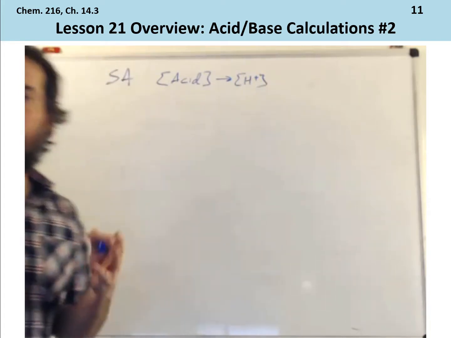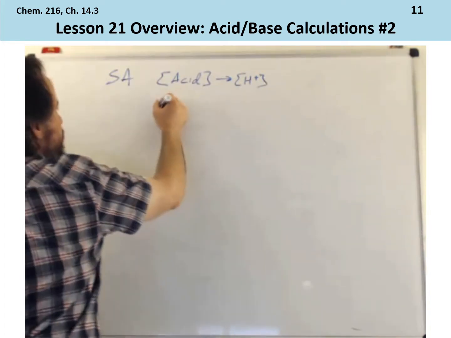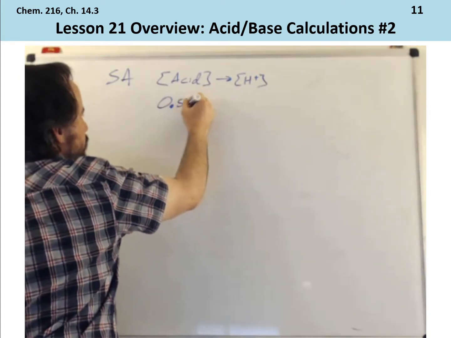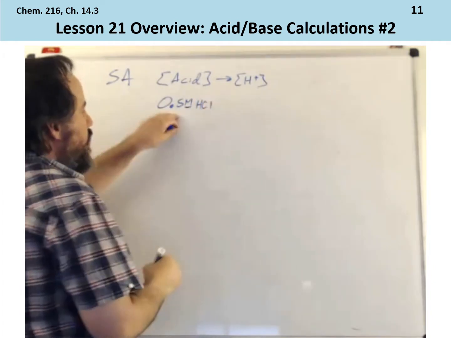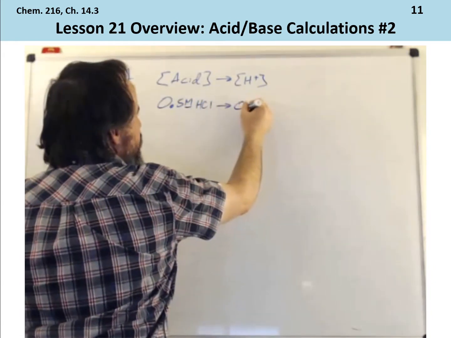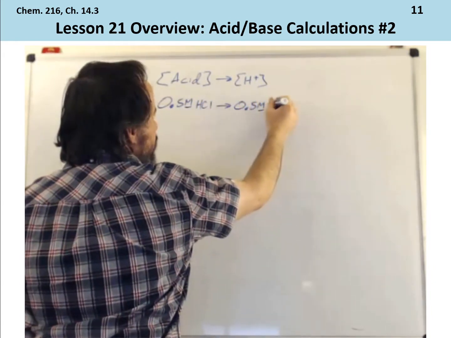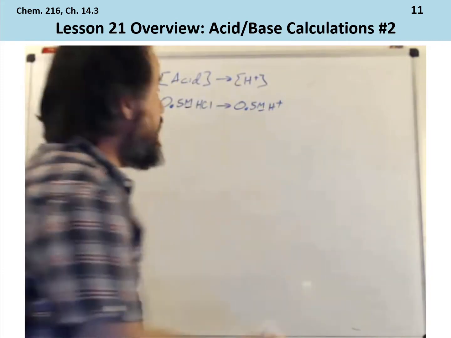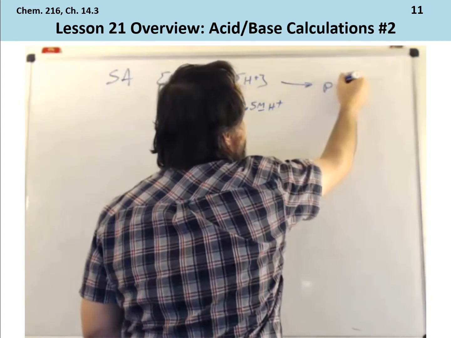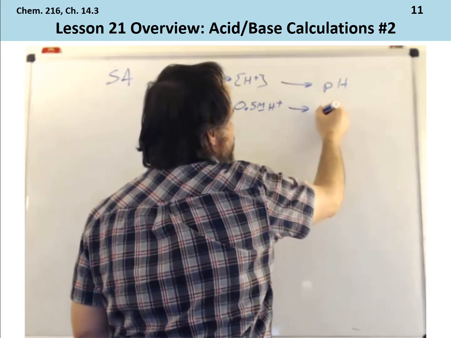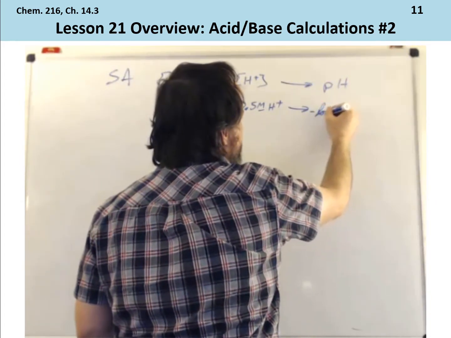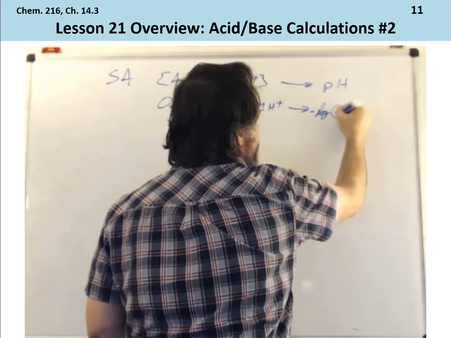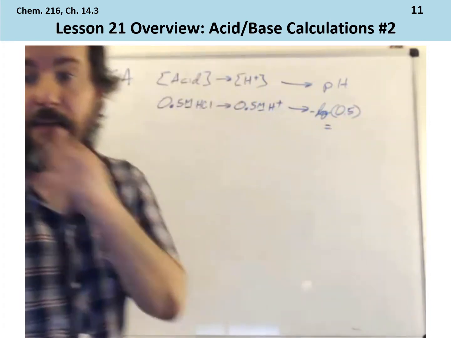An example would be if I had 0.5 molar HCl. All of my HCl would get turned into H+. Right? And now, if I want to find pH from that, I can just do negative log of 0.5, and that's going to get me my pH.